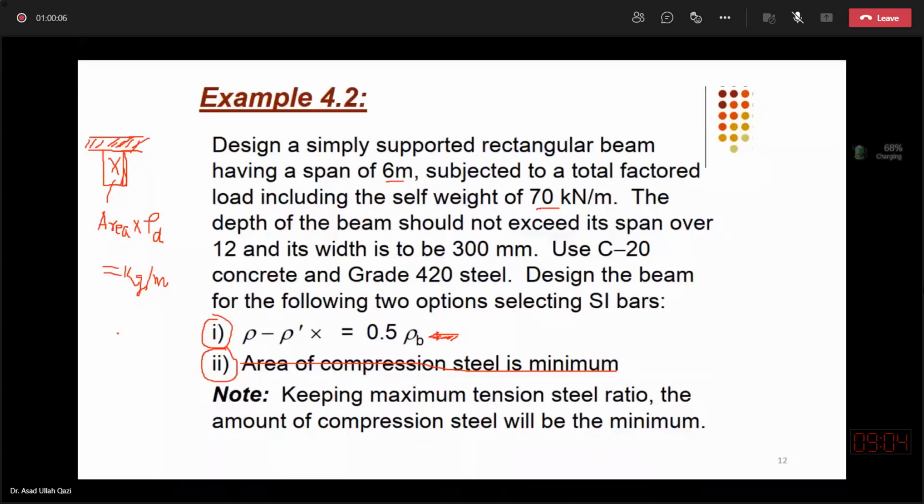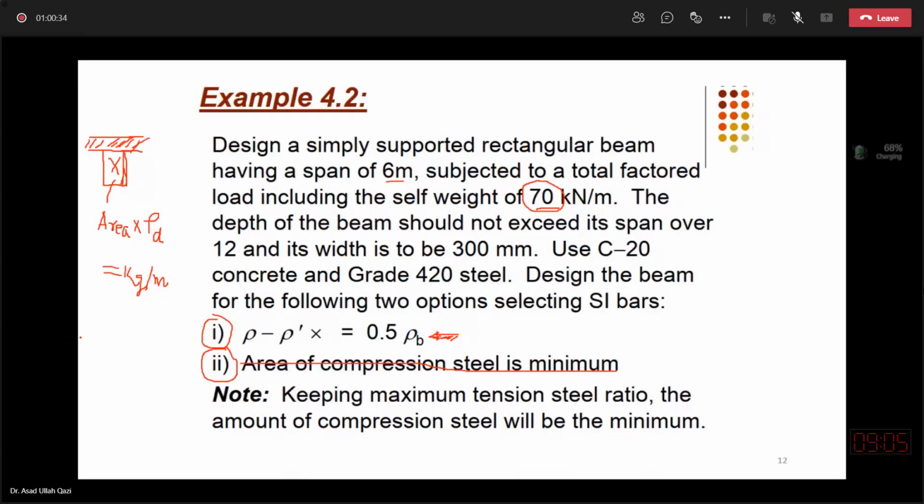That will also be added in the beam line load, which we earlier calculated based on the slab load, or if there is some wall directly constructed along the stem of the beam, that will also be included. So don't forget, not only slab load, self weight, floor finish loads, and wall loads, but the stem load of the beam also needs to be considered.